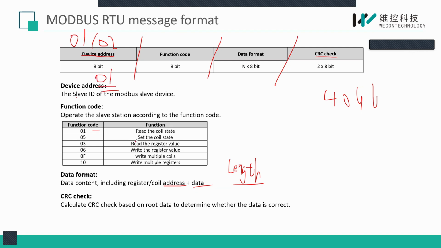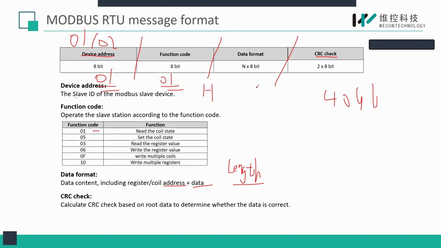And the function code, because we read coil state, so the function code is 01. And in this format we read 4096.